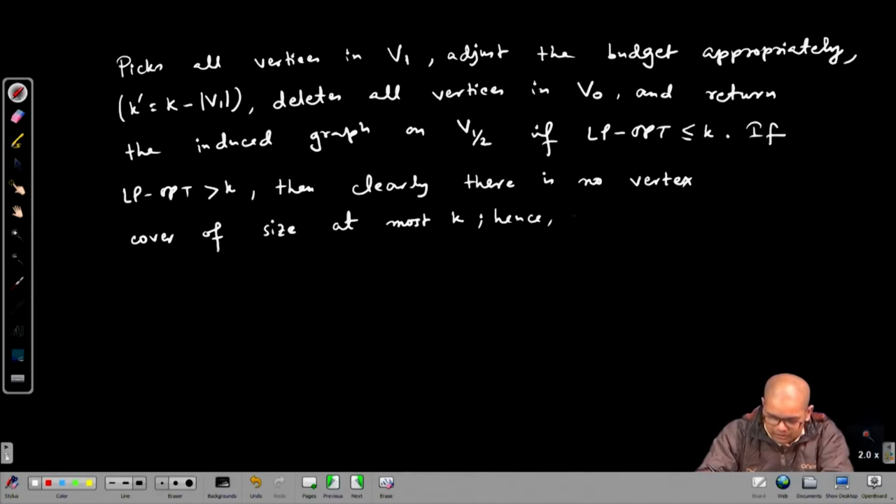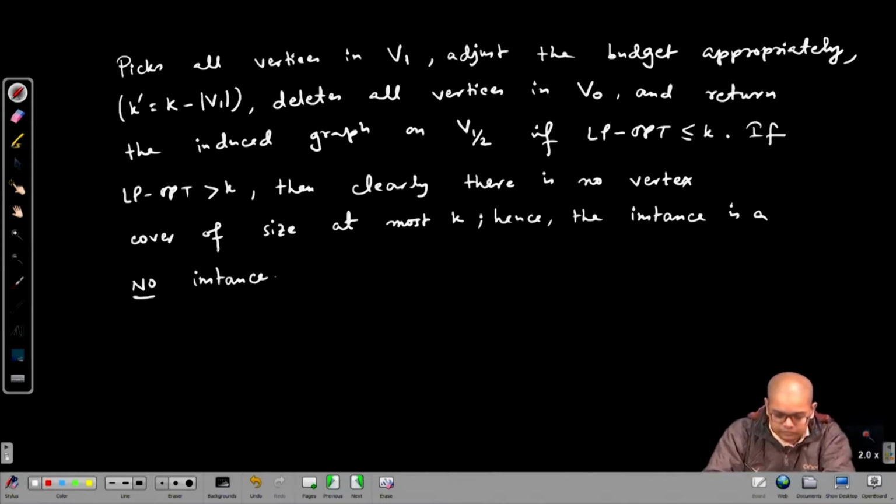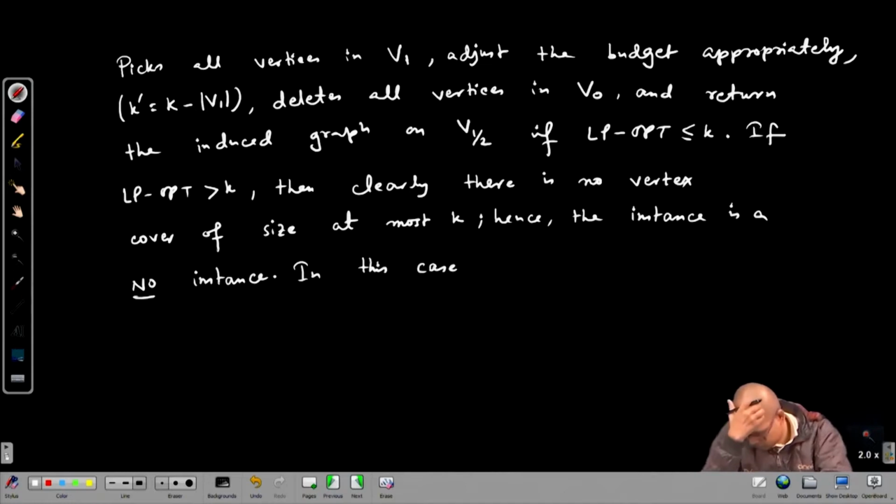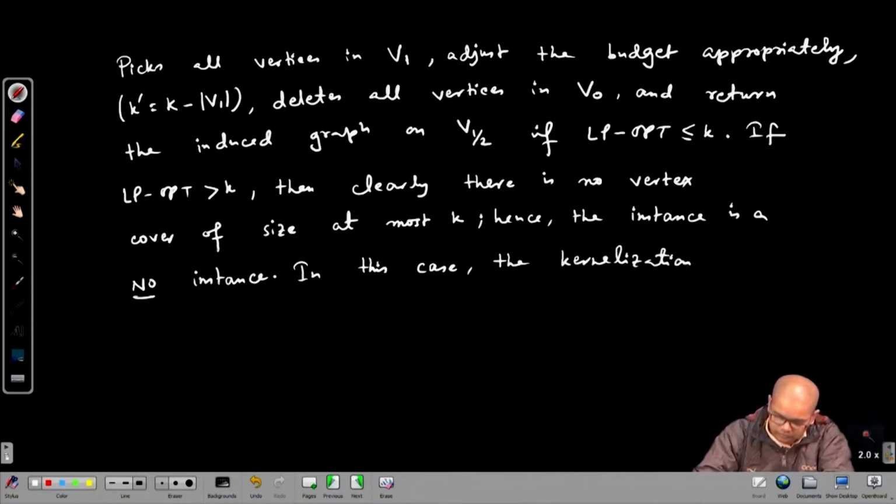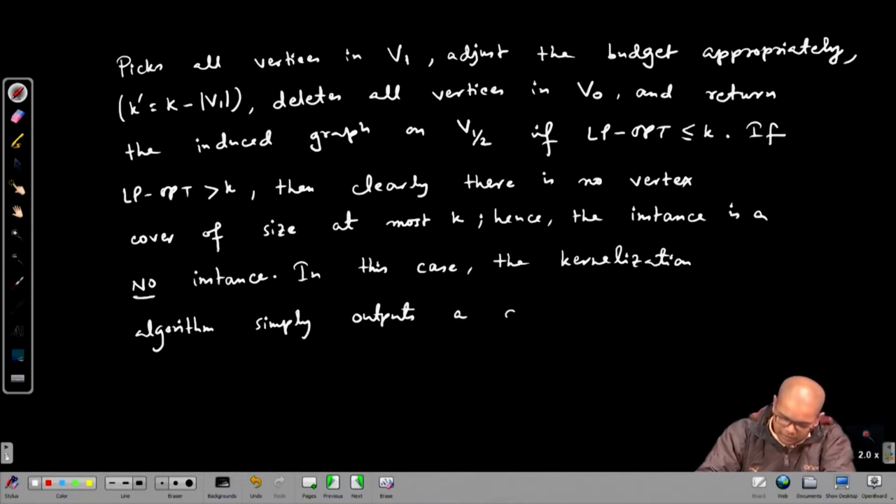Hence the instance is a no instance. In this case the kernelization algorithm simply outputs a dummy no instance.